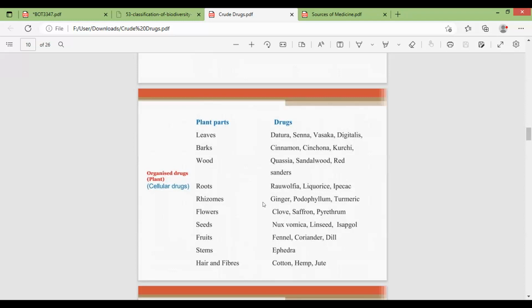Okay. Let me see if I can find a good table. There's a list. If I find it, I'll share.